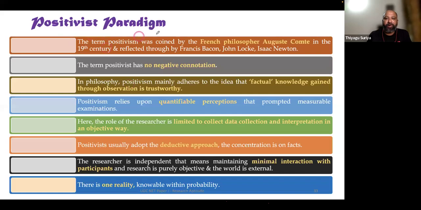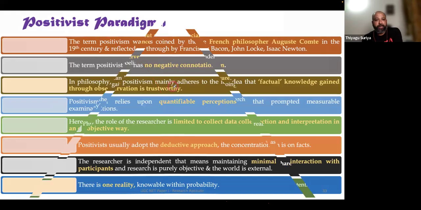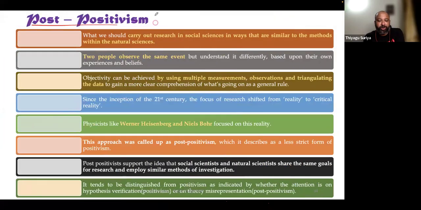The positivist paradigm is part of quantifiable perception. Listen: quantifiable research is called the positivist paradigm, and post-positivism talks about qualitative research. Hope you are getting this. Post-positivism is qualitative research, and positivism is quantitative research.